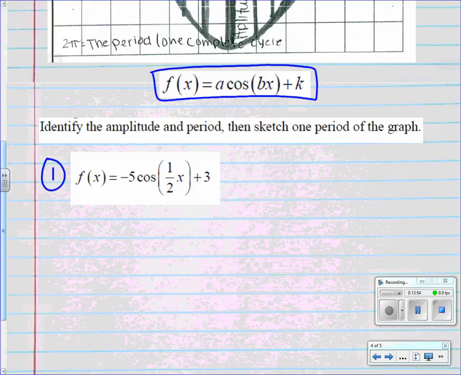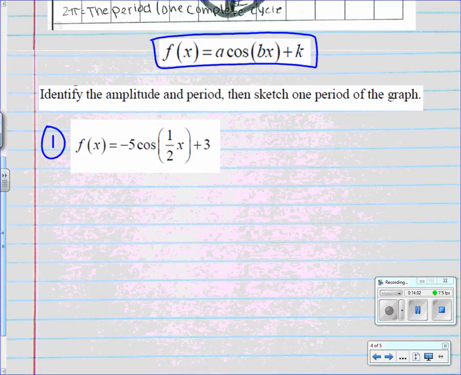Oh, wow. Okay, so first things first. Listen please, let's figure out the amplitude. The amplitude is the absolute value of the number in front of cosine. So what's the absolute value of -5? +5.